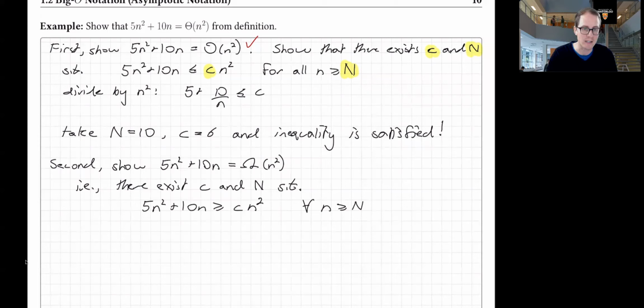This one's pretty easy, right? Because the left-hand side is at least as big as 5n squared, and the right-hand side is c times n squared. So what if I just take any value of lowercase n greater than or equal to 1, and take c equal to 1.